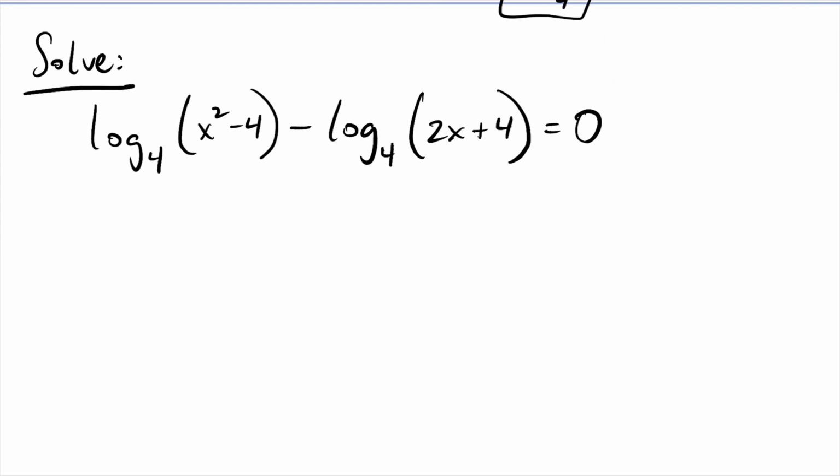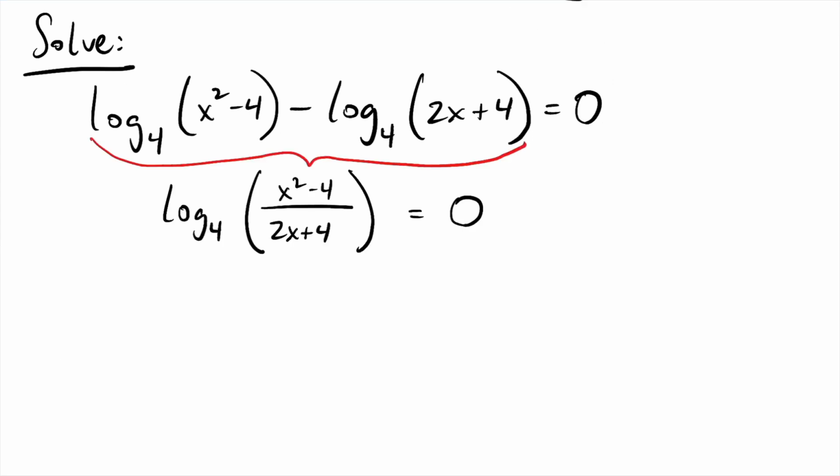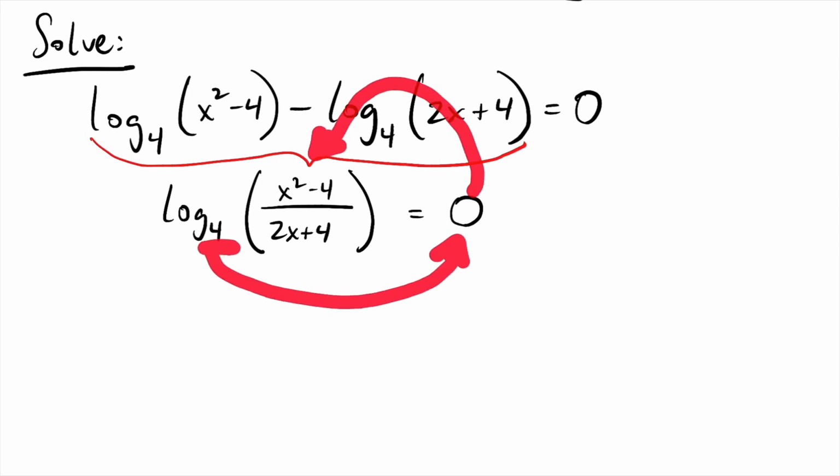Okay, so I did the first step. Condense them using quotient rule, division. Okay, now change it to an exponent. So it's going to be 4 to this power equals this.